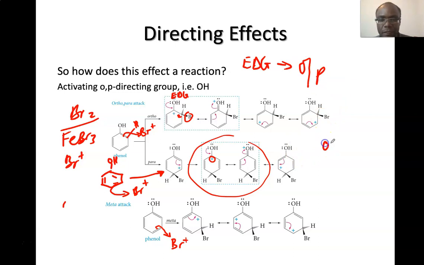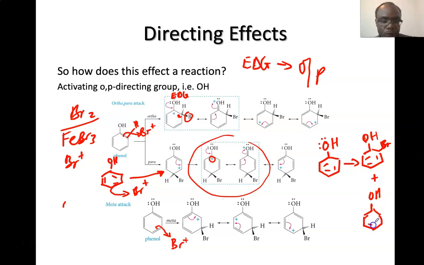So in this case, I would expect from the reaction, if I'm doing the bromination with an electron donating group like OH because of the presence of lone pairs, I would expect to see the ortho, where the bromine is next door, and the para, where the bromine is on the fourth carbon, because at least the resonance intermediates have the plus sign on a carbon with the electron donating group.